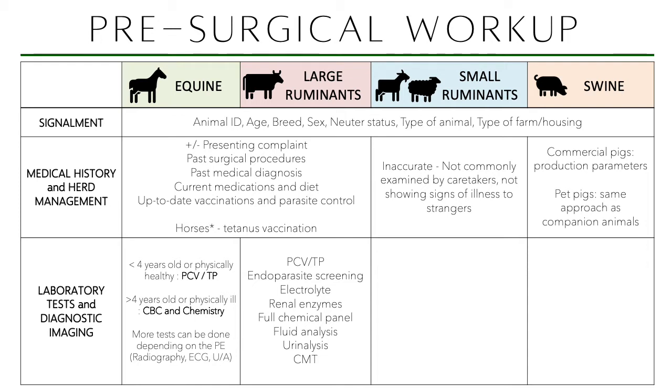Now, endoparasite screening is actually standard for all animal species. You have to check if there is any presence of endoparasites, worms, flukes, things like that. Very common, like shola for your cattle. Electrolytes would actually, if there is a problem with the electrolytes, usually that would be significant for abomasal disorders.